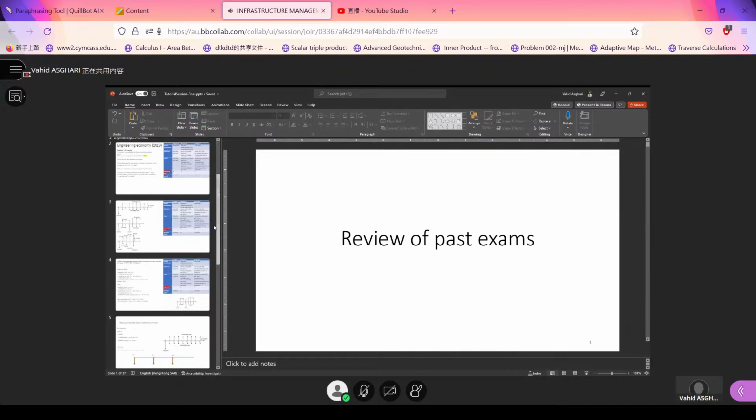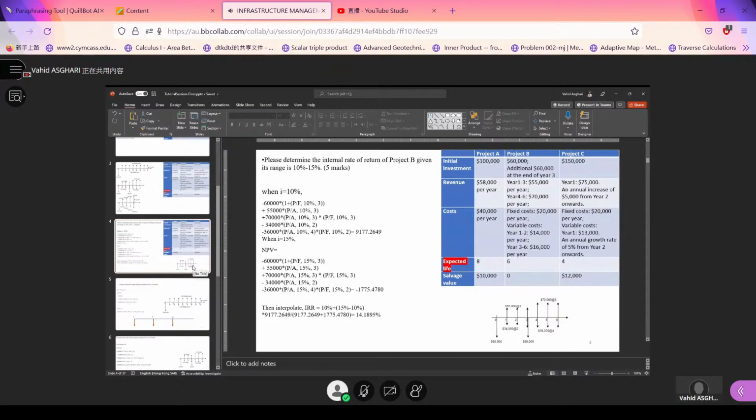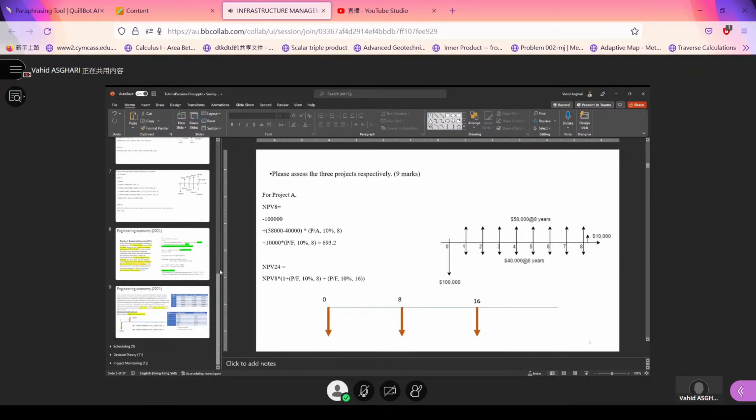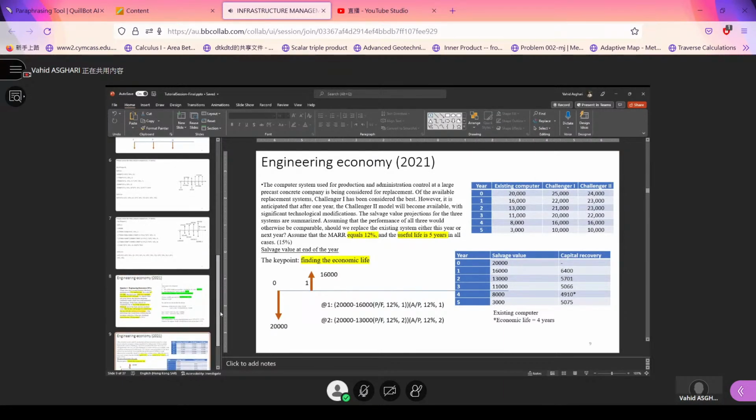And for the engineering economy, there are basically not many complex ideas here. Just to highlight it again, look carefully and pay attention to the expected life. Although we needed to find economic life in one question, you basically don't need to.